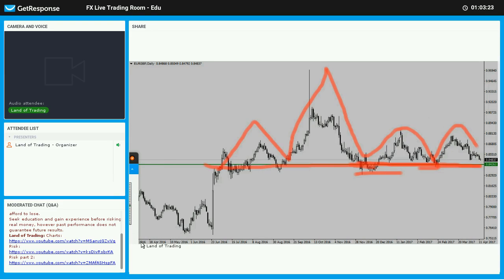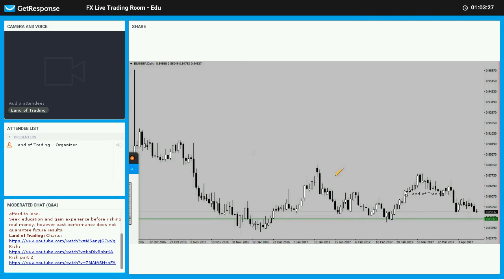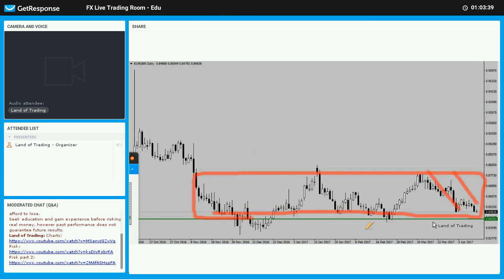Still think we've got the chance to trap some sellers, right? Simply by creating the range. Okay, so we may have below this low here, which is being tested right now by the market.